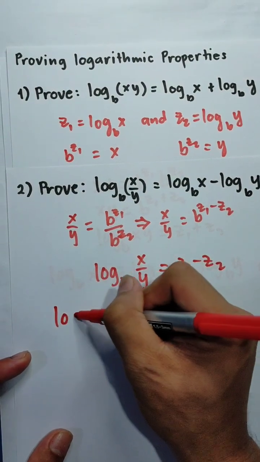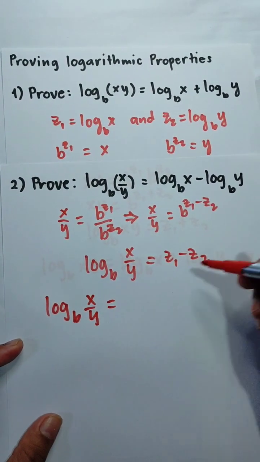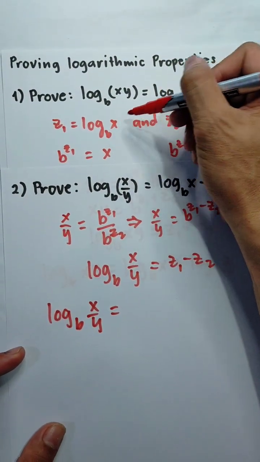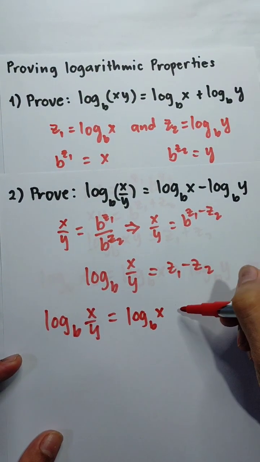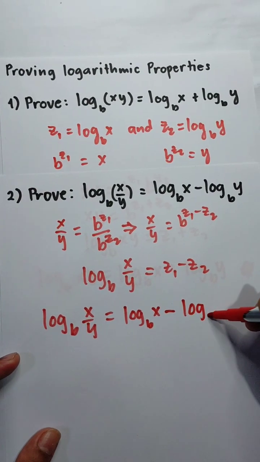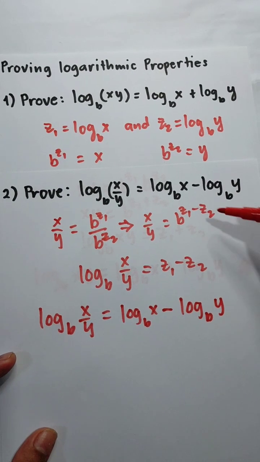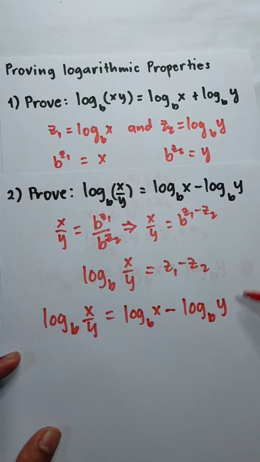Okay, let's rewrite it here. Log base b of x over y. Now our z1 is equal to log base b of x, minus our z2, which is equal to log base b of y. And that proves our equality here.